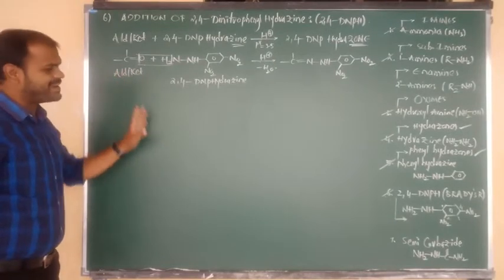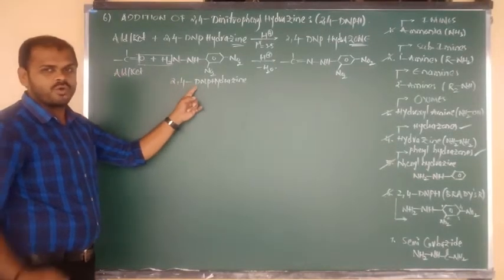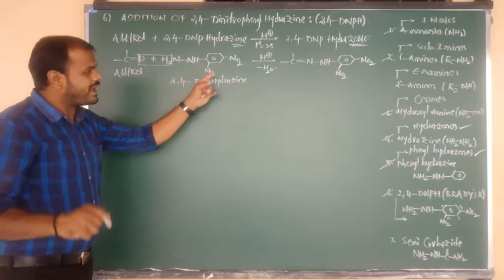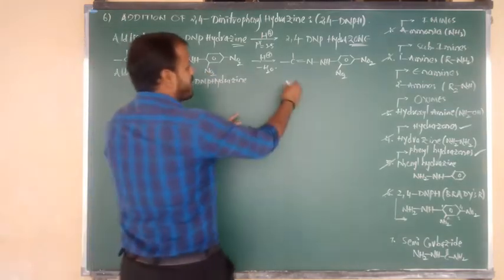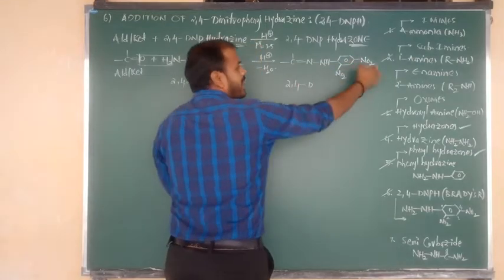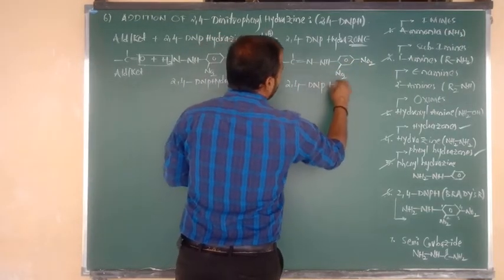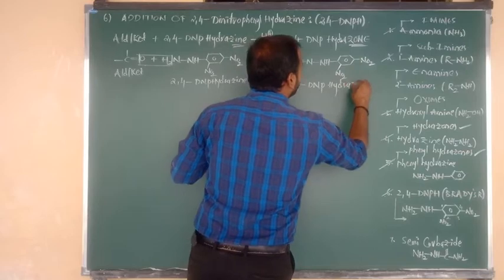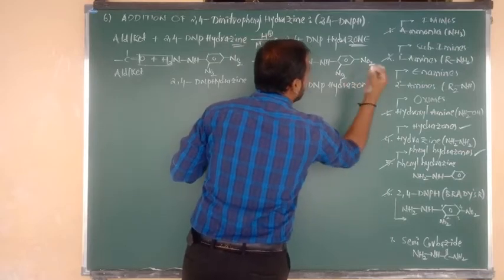So aldehydes and ketones on reaction with 2,4-dinitrophenylhydrazine are converted into the product 2,4-dinitrophenylhydrazone, hydrazine converted into the hydrazone.